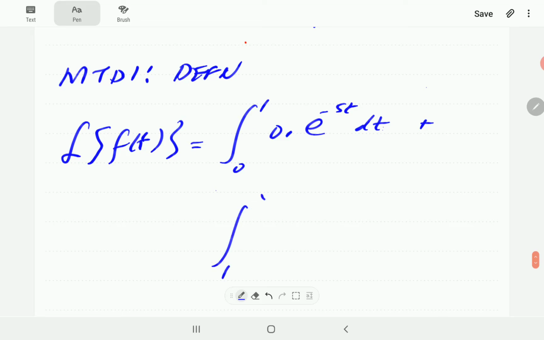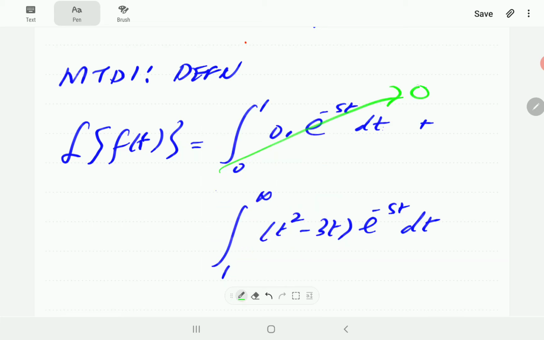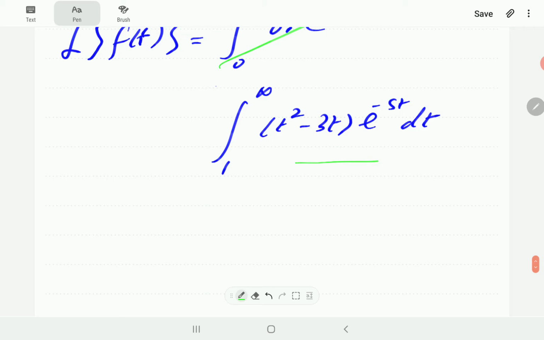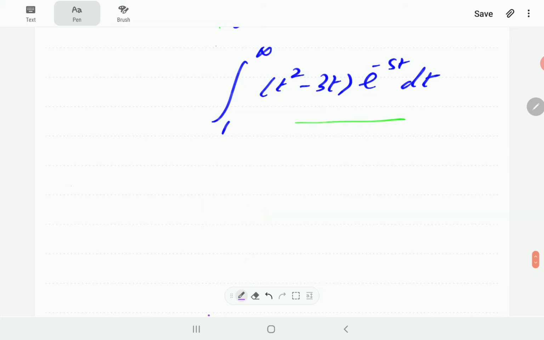Then we're going to have the integral from 1 to infinity of t squared minus 3t times e to the minus st dt. The first term vanishes, so we just have to integrate this one, which we can do using tabular integration, so that is going to be efficient.